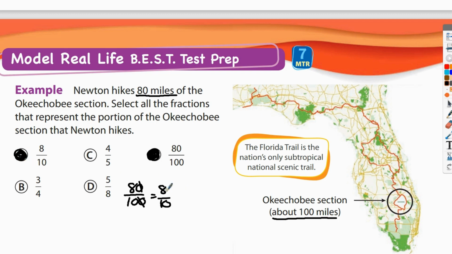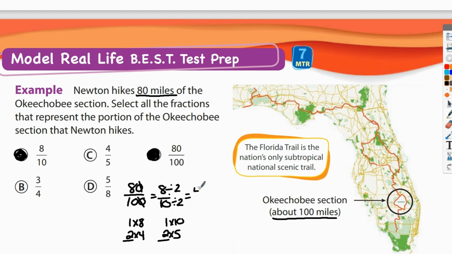Now I can find the common factors. For 8, I have 1 times 8, and I have 2 times 4. And then for 10, I have 1 times 10, and then I have 2 times 5. So if I look at the ones that repeat, I have the 2 here and the 2 here. So I'm going to divide both numbers by 2.